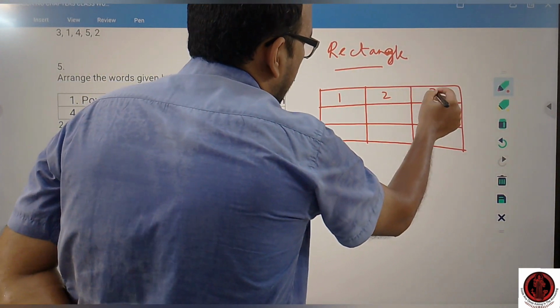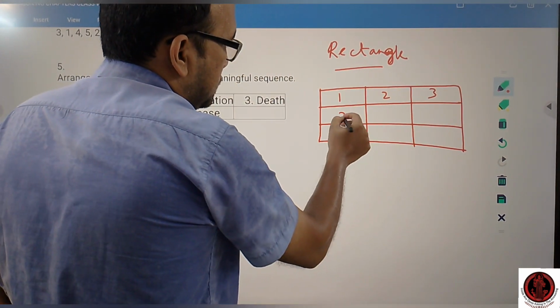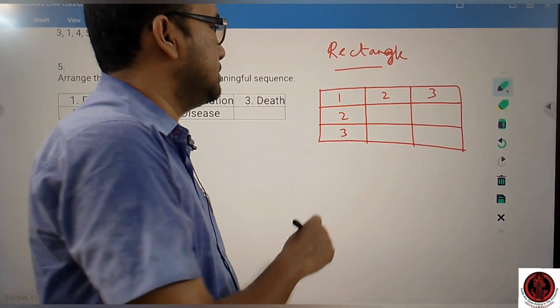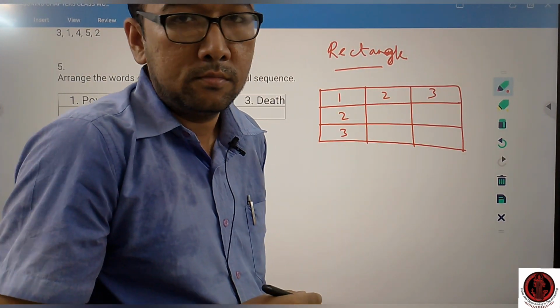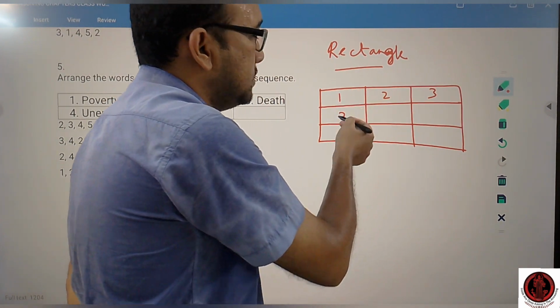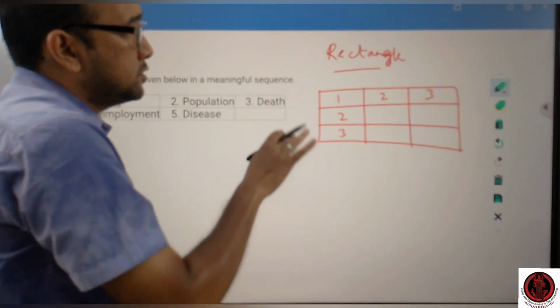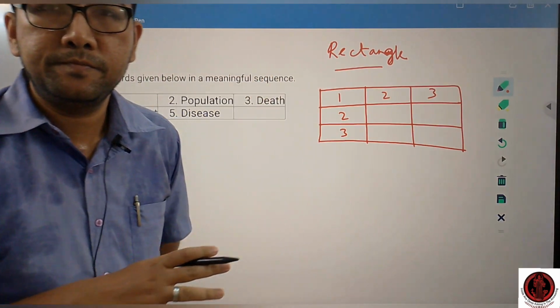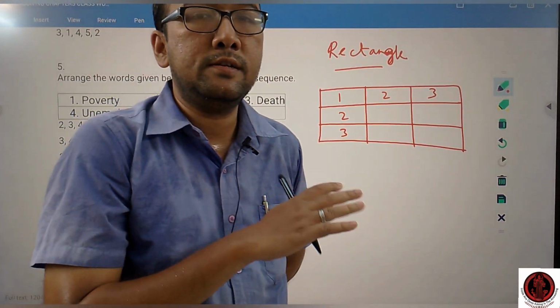So this is 1, 2 and 3 and this is 1, 2 and 3. Just number the row and column. Now the question is, how many rectangles are there in this diagram?